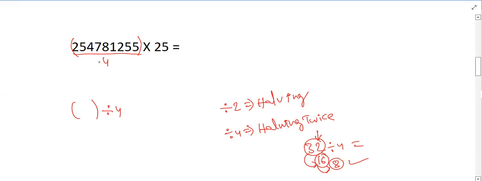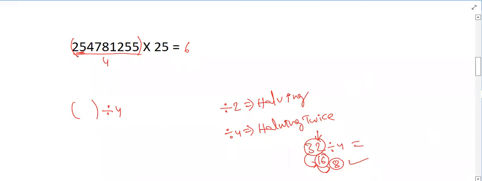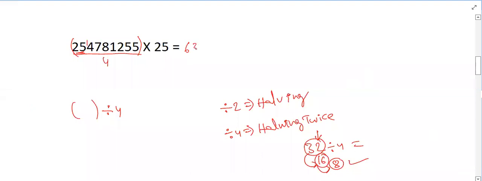25 by 4. How many times? 6 times with remainder 1. That 1 and the next digit 4 becomes 14. In that 14, 4 goes, so we should do 14 divided by 4 again. 3 with remainder 2.